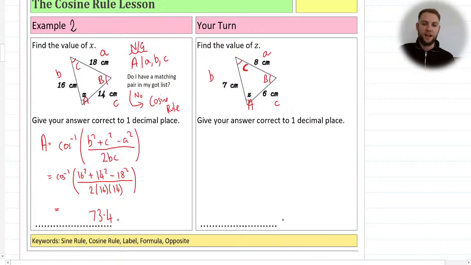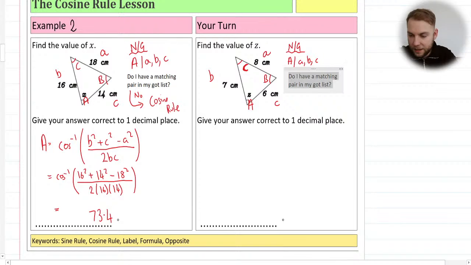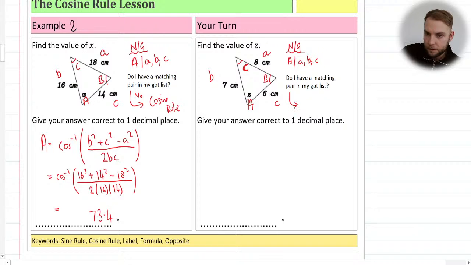Angles are capital, sides are lowercase. So do my need and got list. In this case, I need capital A. I've got little a, little b, little c. Do I have a matching pair in my got list? The answer is no. So I'm using the cosine rule.